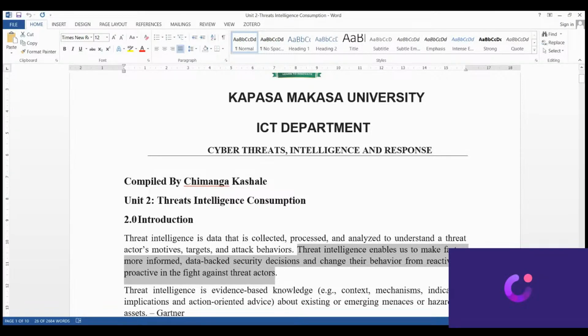So why is this aspect of threat intelligence important? Because it enables us to make faster decisions, and probably to change the approach that would deter the attacker from further engaging in these activities.